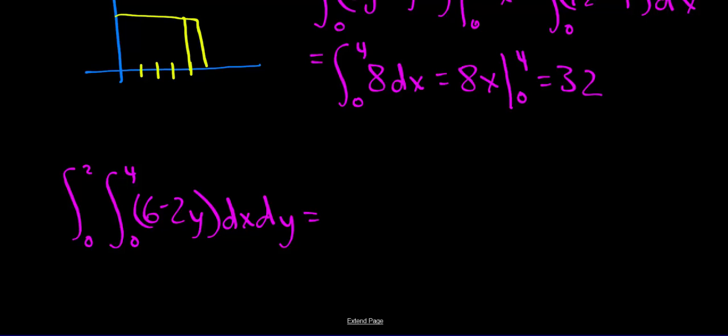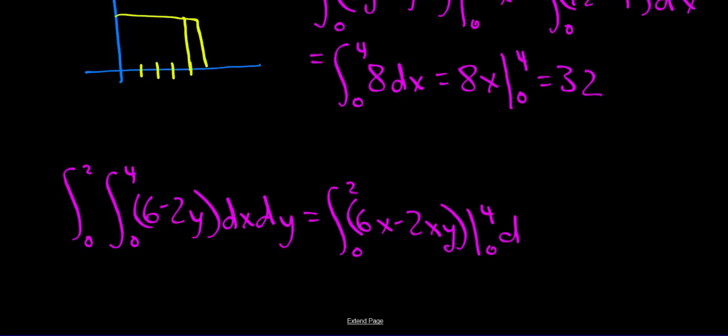So if we did it that way, we would have 0 to 2, and then we would have 6x minus 2xy from 0 to 4 dy. So I'll do it both ways here.